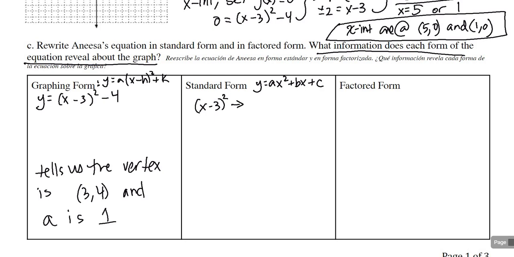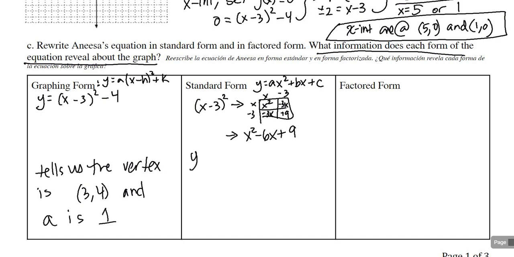So I make a little box, and I have x squared, minus 3x, and positive 9. I add all the pieces together. I have x squared minus 6x plus 9. And from that, I'm almost done.